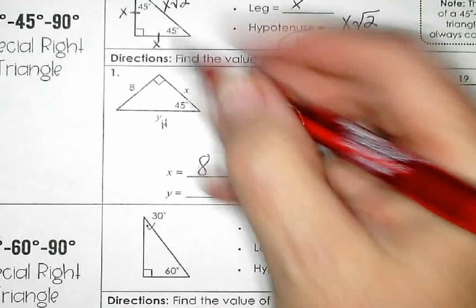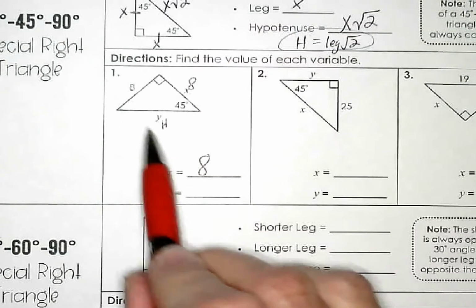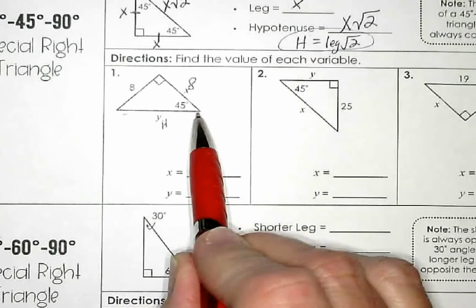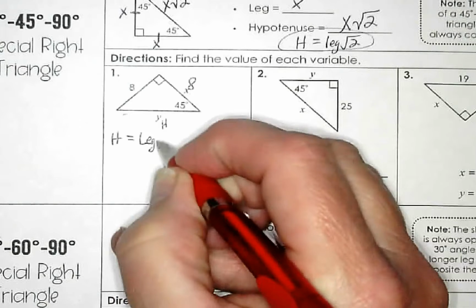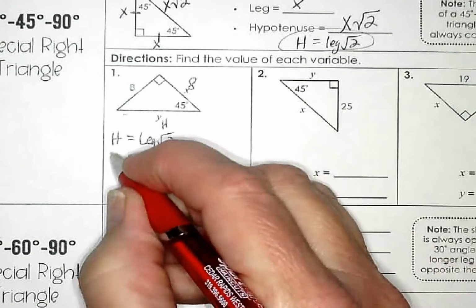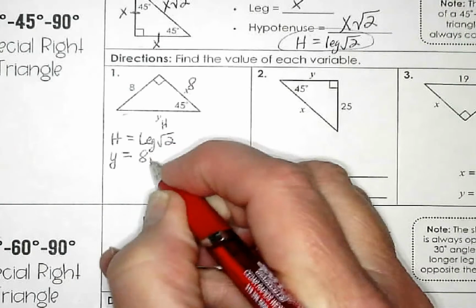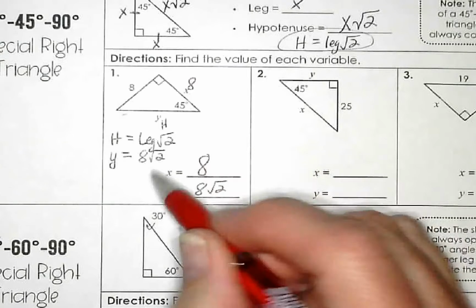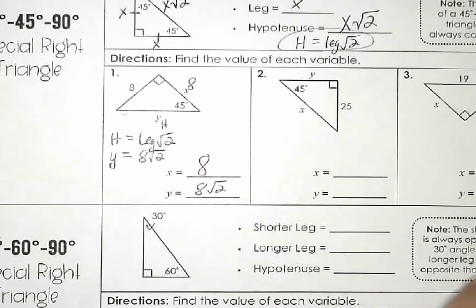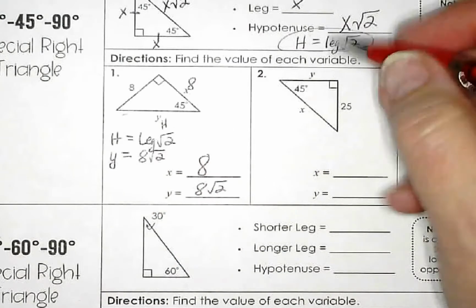So I know that this side is 8, and I'm trying to find this hypotenuse. So the hypotenuse is going to equal the leg square root of 2. So y is going to equal 8 square root of 2. Done. Just a little equation. Some of you can do that in your head. Some of you will need to write it out.